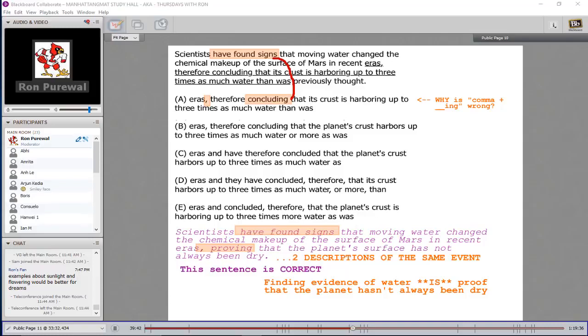So these should not and cannot be parallel. It is incorrect to use parallel structure for this bottom sentence because one of them is actually a modifier of the other one. Whereas in this original sentence, that's not true, right? You find signs of water and then draw conclusions about quantitative comparisons, that's not exactly the same thing.